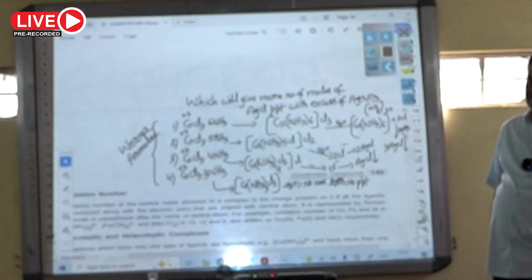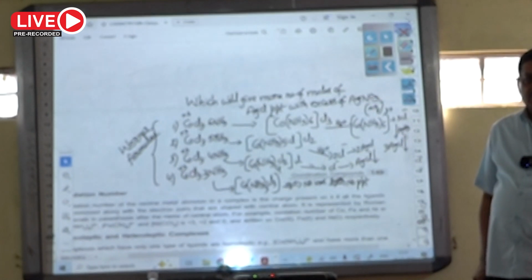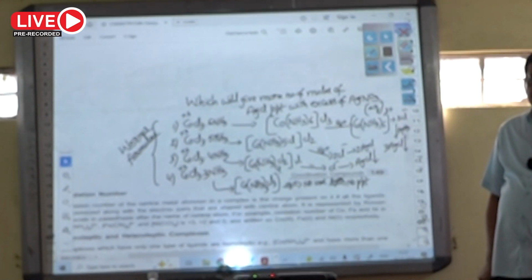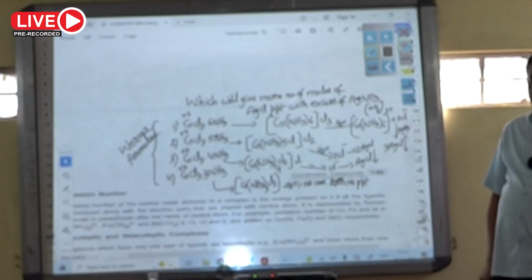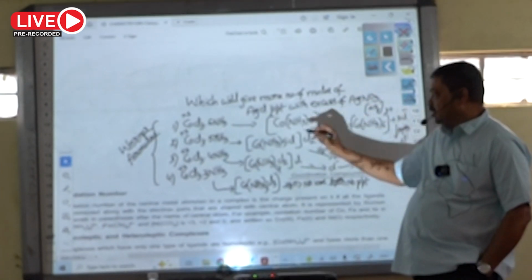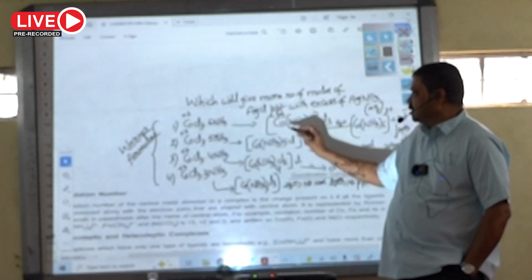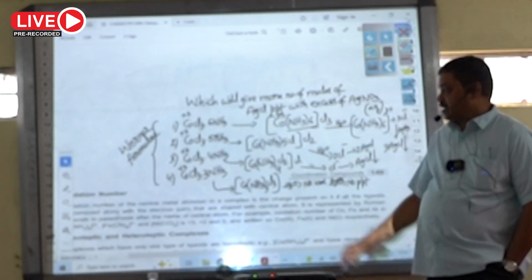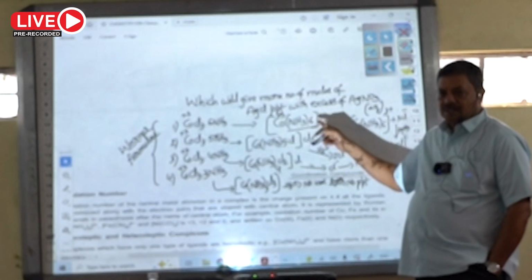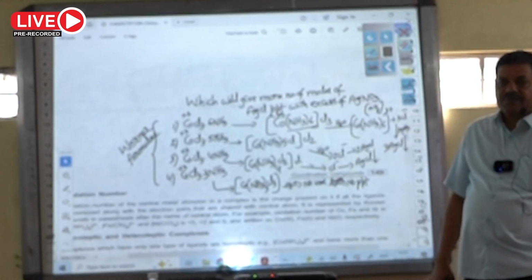So this is the question. So now you should understand that the coordination compounds contain a central metal ion surrounded by ligands, a central metal ion surrounded by ligands.